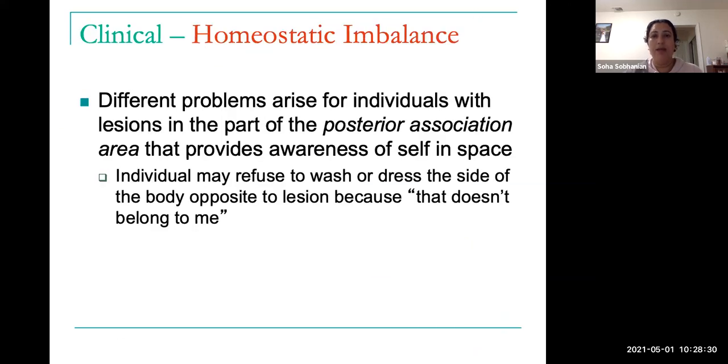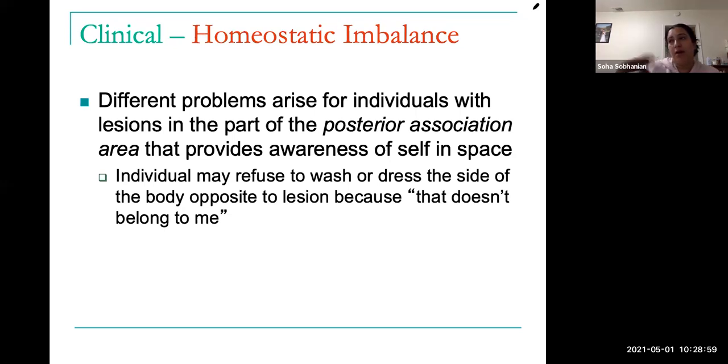So what if there is a problem with the posterior association area? These individuals usually have problems with figuring out where they are located in the space around them. I don't know if you have ever heard of these people, but if you have a lesion or a trauma in the posterior association area, you may refuse to wear clothing on part of your body.